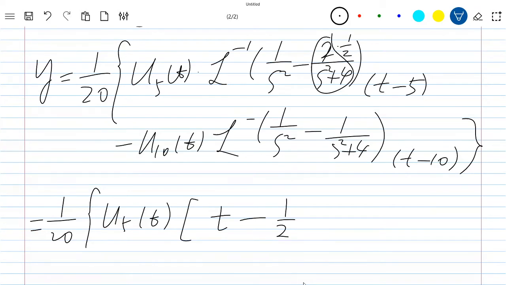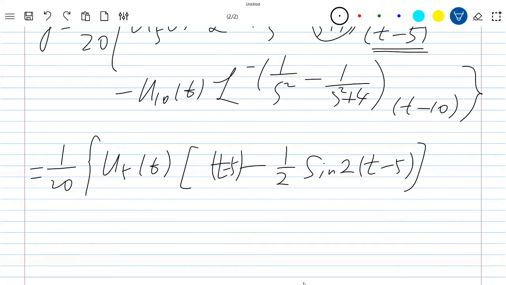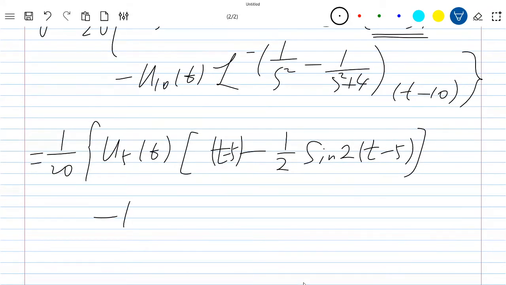And this gives you the sine part, sine of 2t. Now, be careful, I replace t by t minus 5, t minus 5. Alright, then you have minus u10 of t, and everything is just similar.